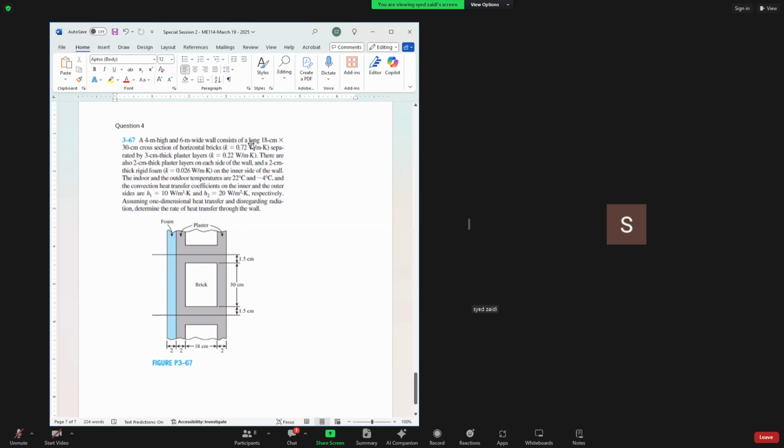It consists of long 18 centimeter by 30 centimeter cross section horizontal bricks, with K of 0.72, separated by 3 centimeter plaster. This one is 3 centimeter, 3 centimeter. Plaster K is given, and there is 2 centimeter of foam, which is this one.